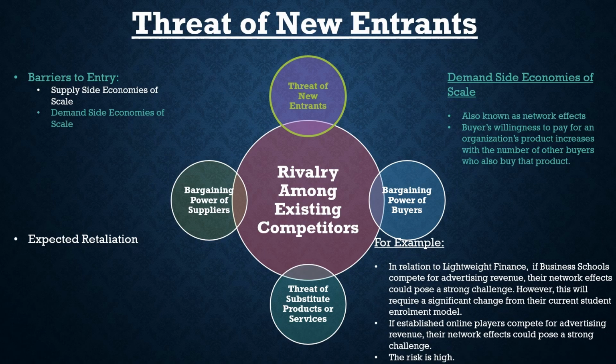For example, in relation to lightweight finance, if business schools compete for advertising revenue, their network effects could pose a strong challenge. However, this will require a significant change from their current student enrollment model. If established online players compete for advertising revenue, their network effects could also pose a strong challenge. Therefore, this risk is high.